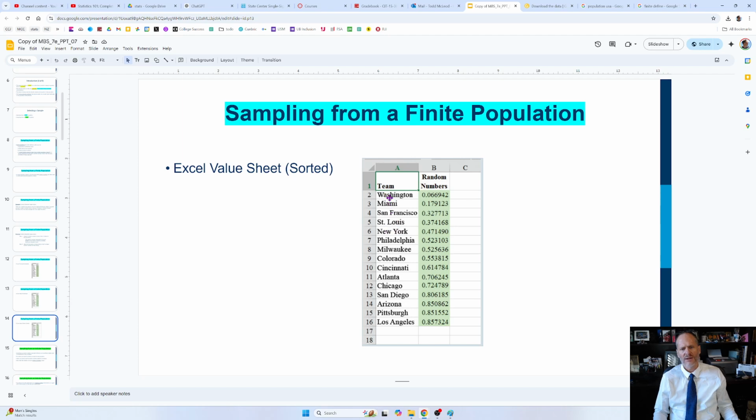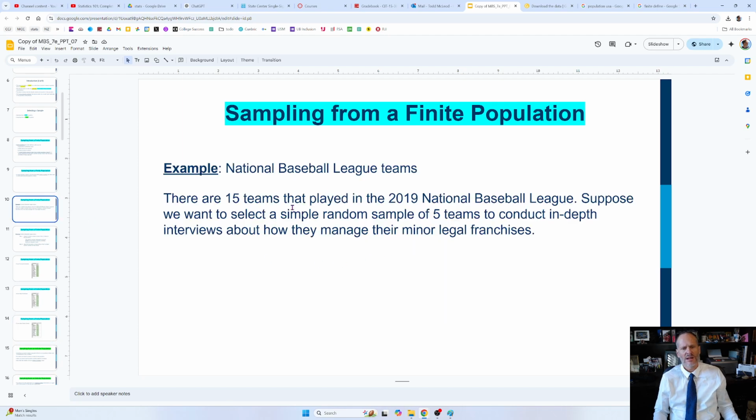You choose these 5 randomly as the ones you're going to sample, and that would be your sample. That's sampling from a finite population using a simple random sample, and that's the easy part. You just assign random numbers and choose the 5 smallest or the 5 largest.